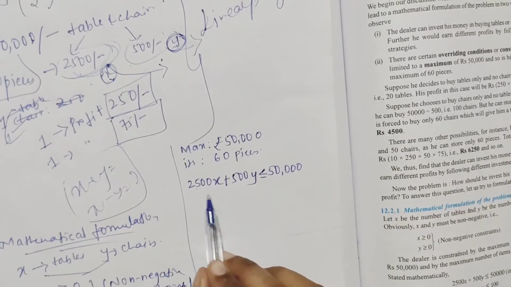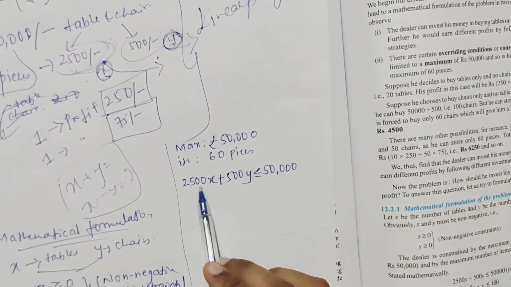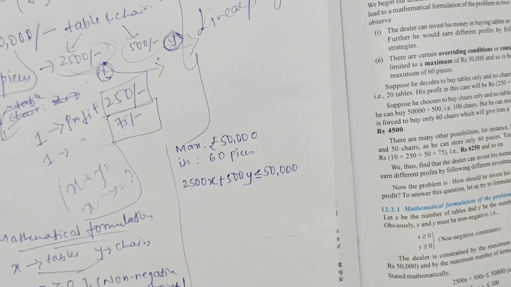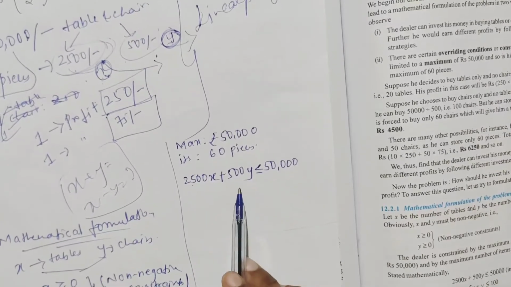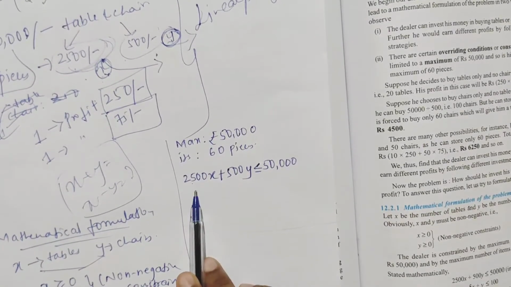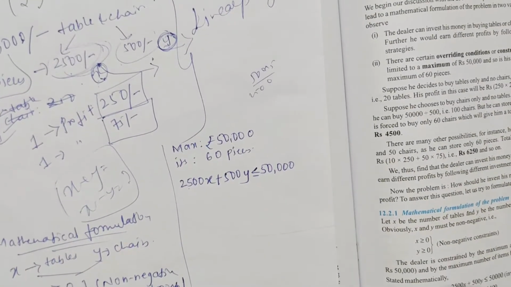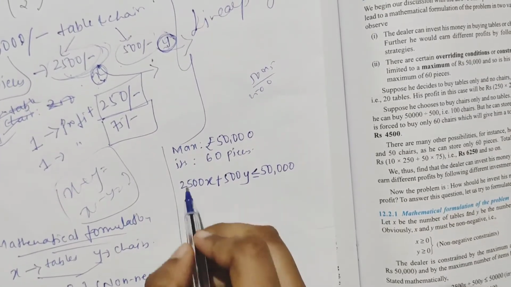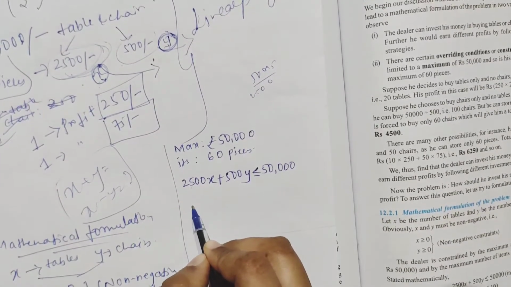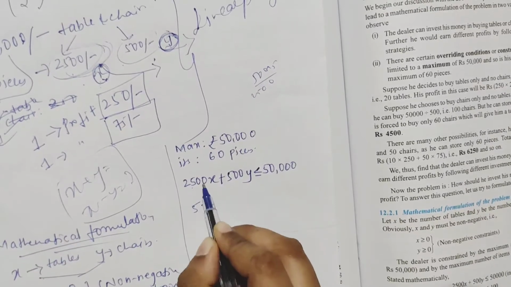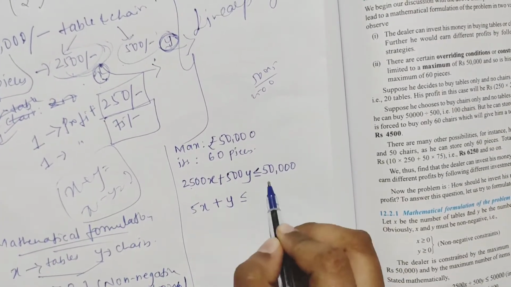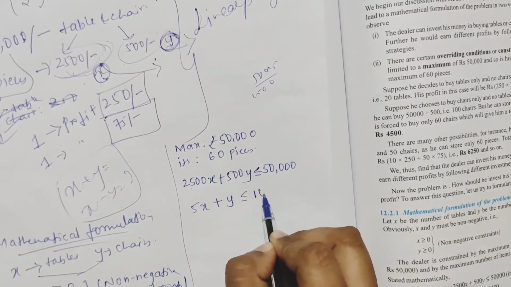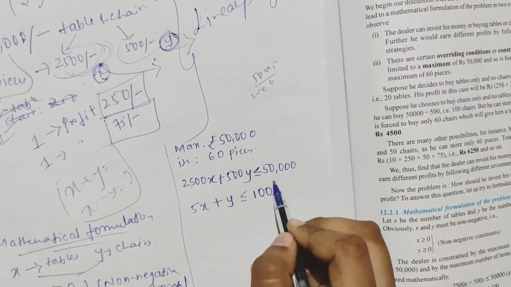So we can simplify this. 2500 is 500 fives, so it is 500 times 5 x plus 500 times 1 y, less than or equal to 500 times 100.